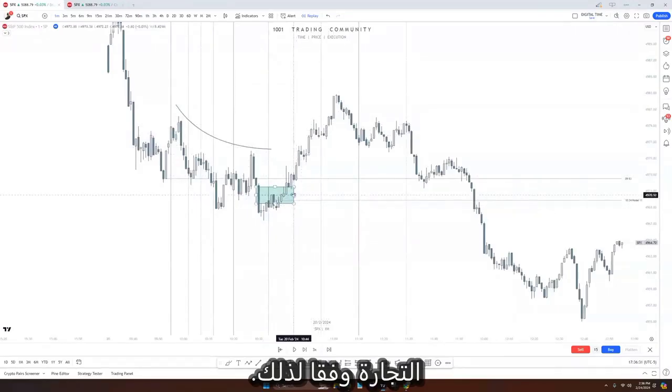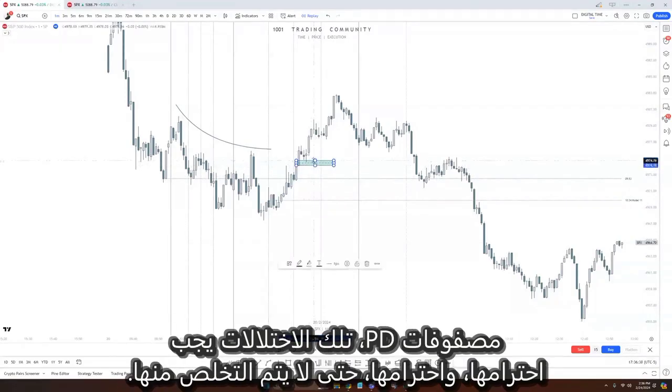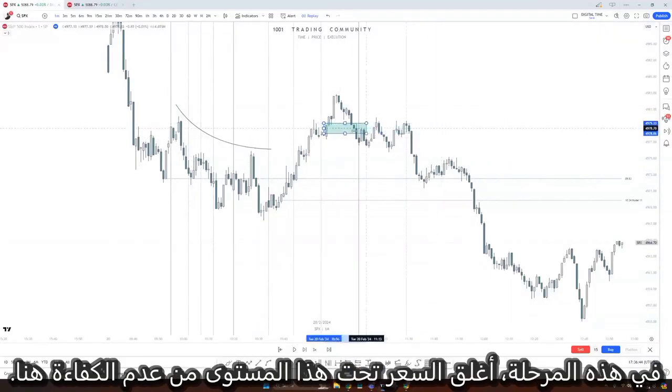Manage your trade accordingly. As you proceed further into these intervals, you're going to want to see those bullish PD arrays, those inefficiencies be respected until they are not. At this point, price closed beneath this inefficiency up here.